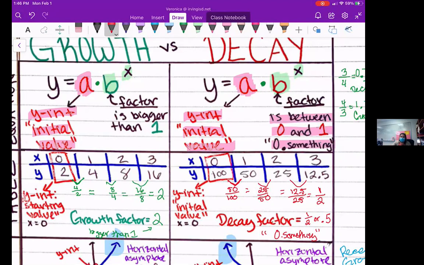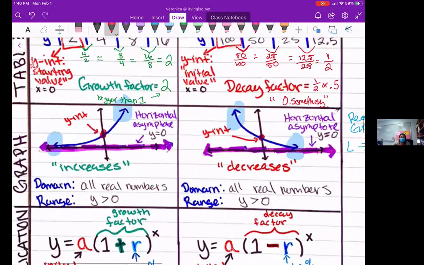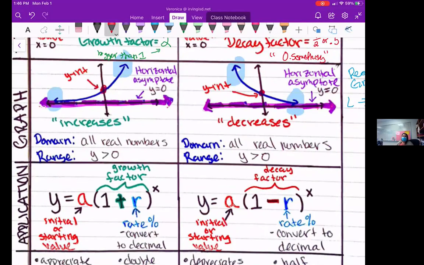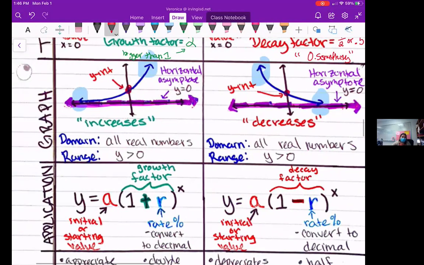Okay, so we've looked at the equation. We've looked at tables. We've already talked about the graphs. Now we're going to talk about what happens when you have application problems. This does not mean that it's automatically word problems, but more than likely it's going to be word problems.